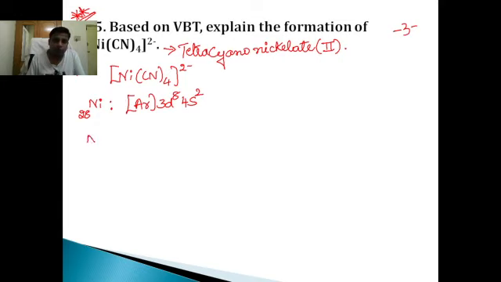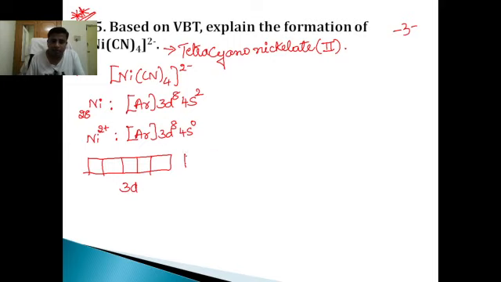When nickel is in +2 oxidation state, you are supposed to remove 2 electrons, that is argon core 3d8 4s0. Now write the orbital configuration. If you write the orbital configuration, 3d, 4s and 4p.